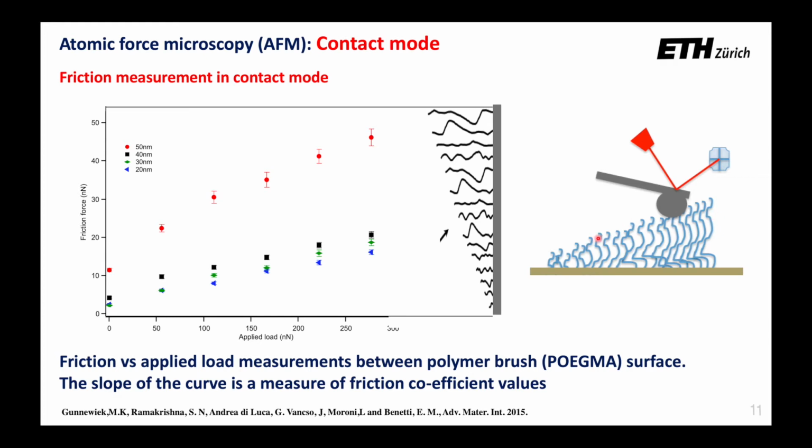To understand how this polymer chain length affects the frictional property, we just scanned a small area at each location of this sample. Here you can characterize how the polymer chain length affects the friction force. For example, here the shorter the chain, the lesser the friction. However, with the longer chain, the friction increases.